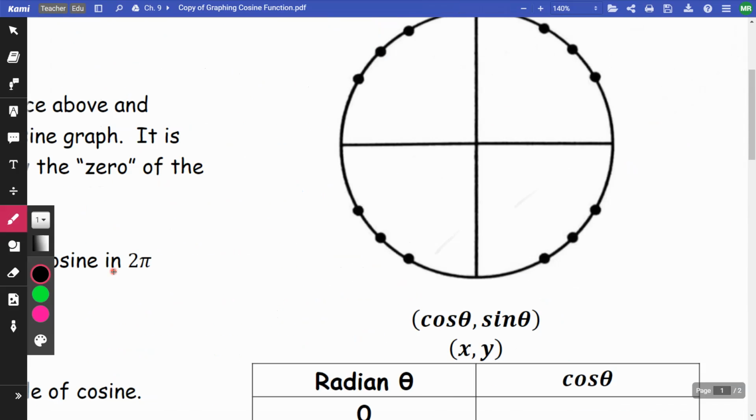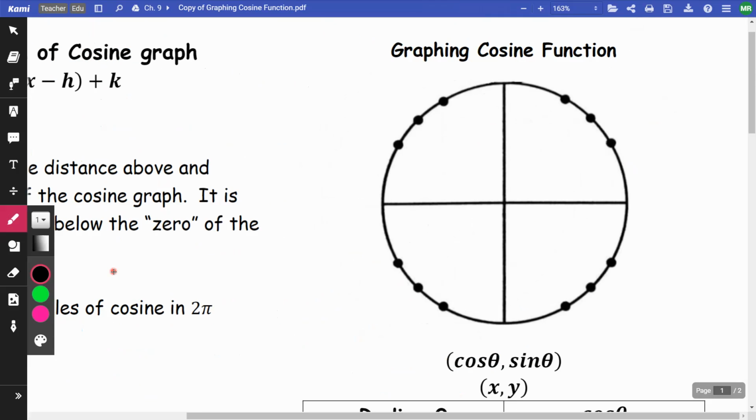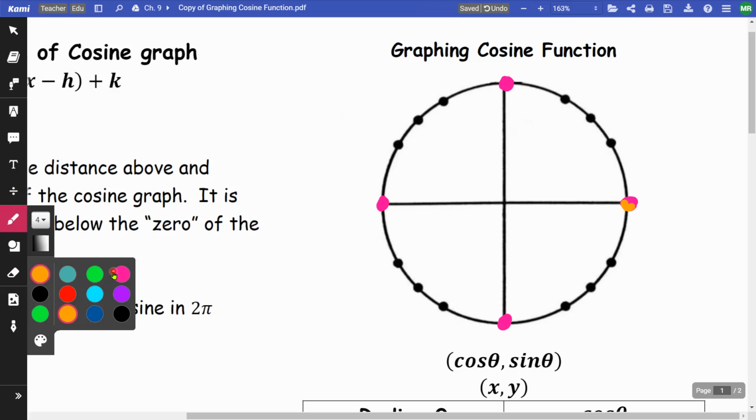Now, when we are talking about the cosine graph, I'm going to be graphing 5 points. This point, this point, this point, this point, and I'll do it in orange back to that point.